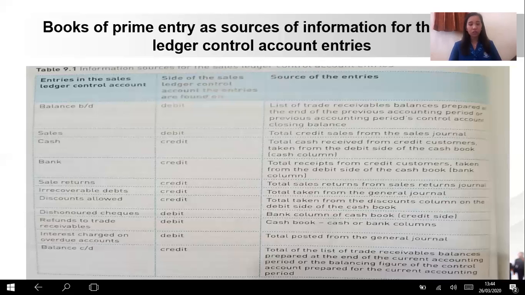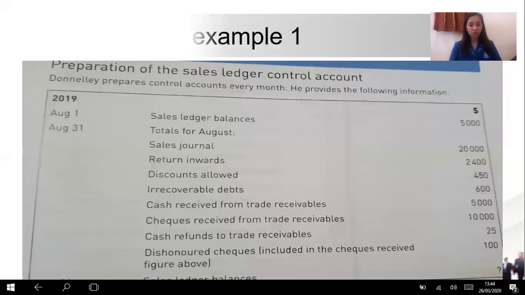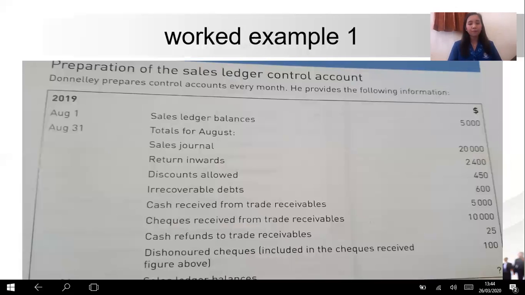So we come to the example. This is Worked Example 1, preparation of the sales ledger control account. In 2019, August 1st is the sales ledger balance.